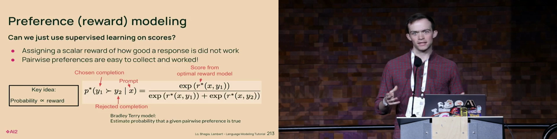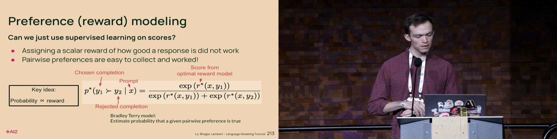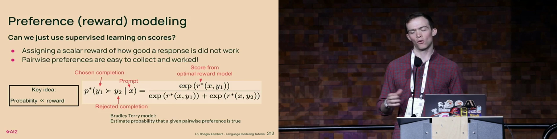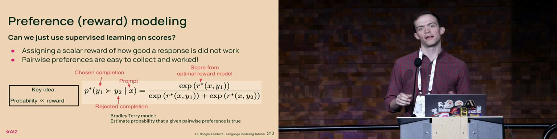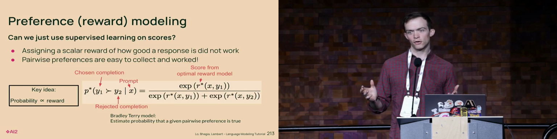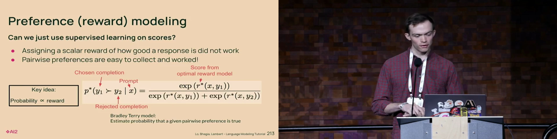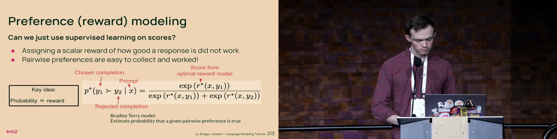So mathematically, you end up saying that this probability is the reward in your post-training signal. And to do this, this equation here is the Bradley-Terry model, which is still very popular for doing so. To do this, you have to binarize all your preferences again into chosen and rejected. There are other methods to do so, but honestly, it hasn't been revisited a ton in the literature, and this tends to work most for general applications.